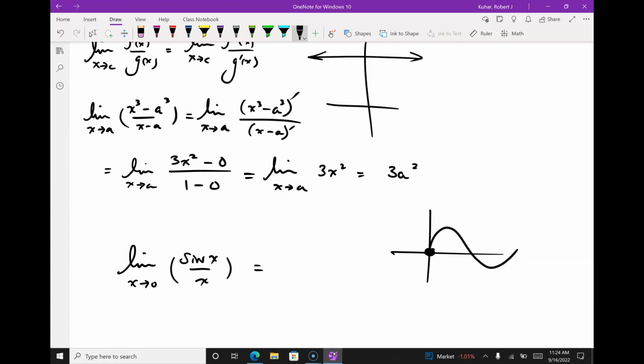So I need to take a little hop. I'm going to do the limit as x goes to 0 of the derivative of sine. Good, what's the derivative of x? So now I can just plug in cos of 0 and I get 1. So the limit of sine of x over x is 1 as x goes to 0.